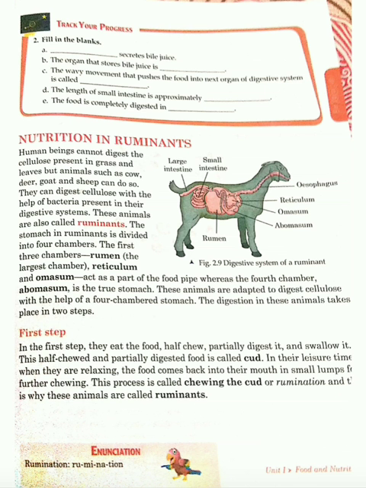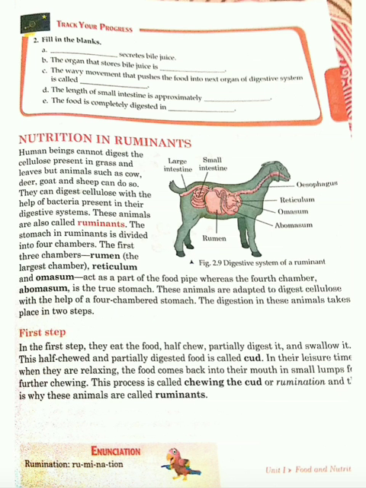Now come to the last topic of this lesson, that is nutrition in ruminants. Students, what are ruminants? First of all, ruminants means the animals which digest cellulose with the help of bacteria.